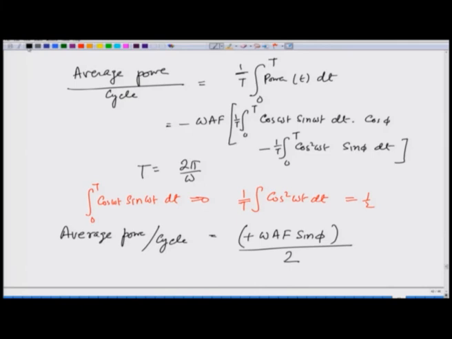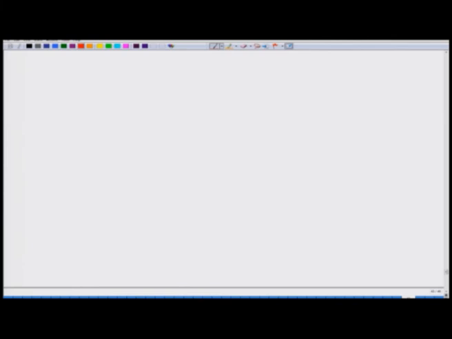The sine of phi I am going to call the power factor. I will comment on it in a minute. So, the average power is omega a f by 2 sine of phi, and the average power is going to be maximum.